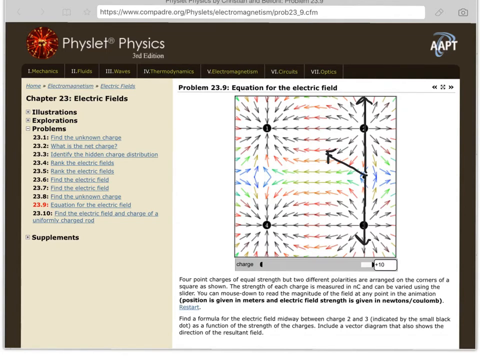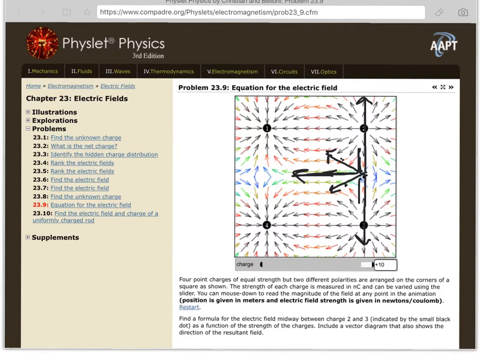And then the field due to 4, it's a negative charge, so it goes from the point toward the charge. And because the distances and the magnitudes of charges are the same, you can see that the vector from charge 1 and the vector from charge 4 are going to be equal, and their y components are going to cancel, but their x components will add. And so there'll be a net field in this direction, which will be the sum of the two x components of these two vectors.